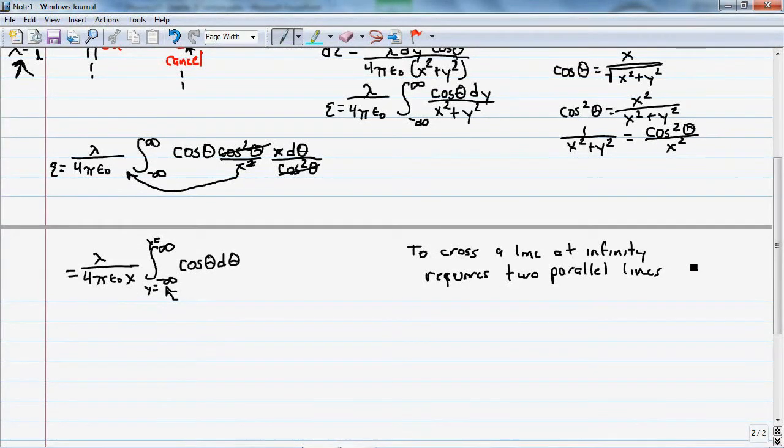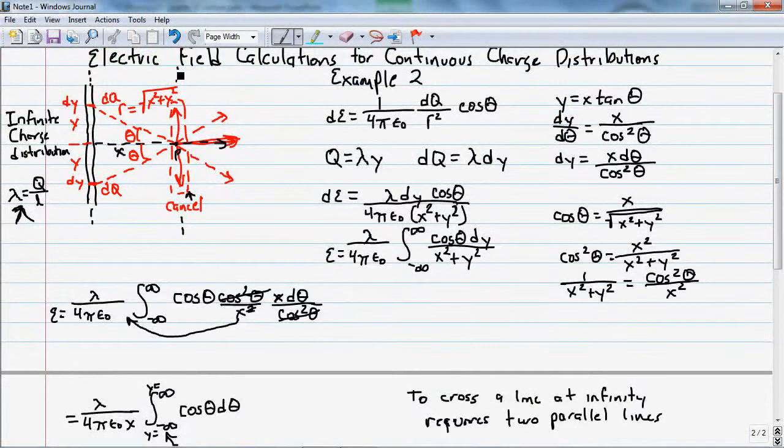Right? So if I want to cross at infinity, I've got to have a parallel line to be able to cross at infinity. And that just means that I need to integrate from one parallel side all the way through to the other parallel side.